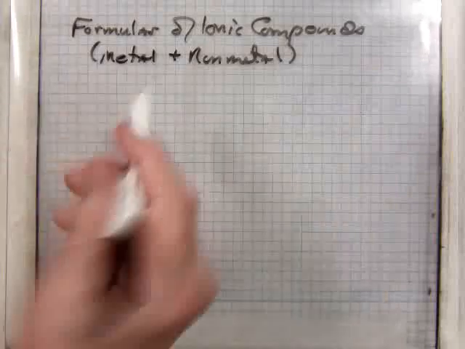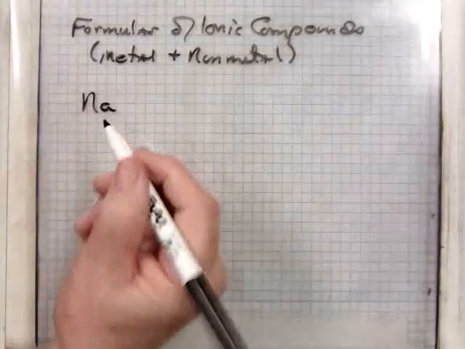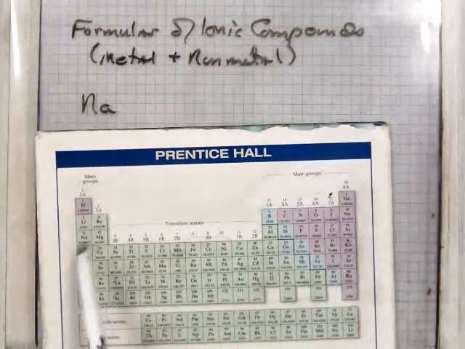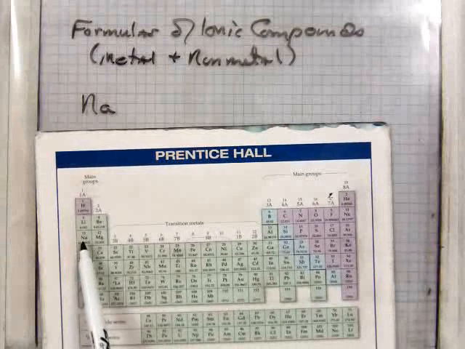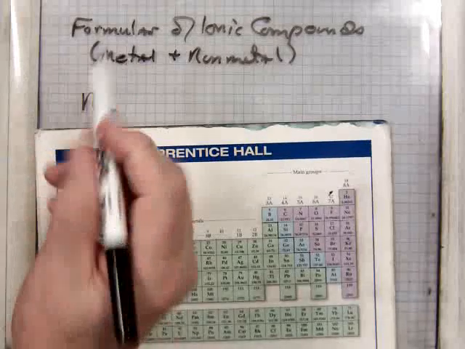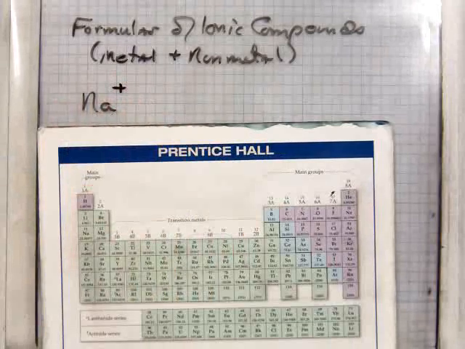So if I pick on the left side sodium, for example, sodium is in group 1, so it has 1 outer shell electron. So it's going to have a tendency to lose 1 electron, and so its oxidation state in writing compounds is +1.